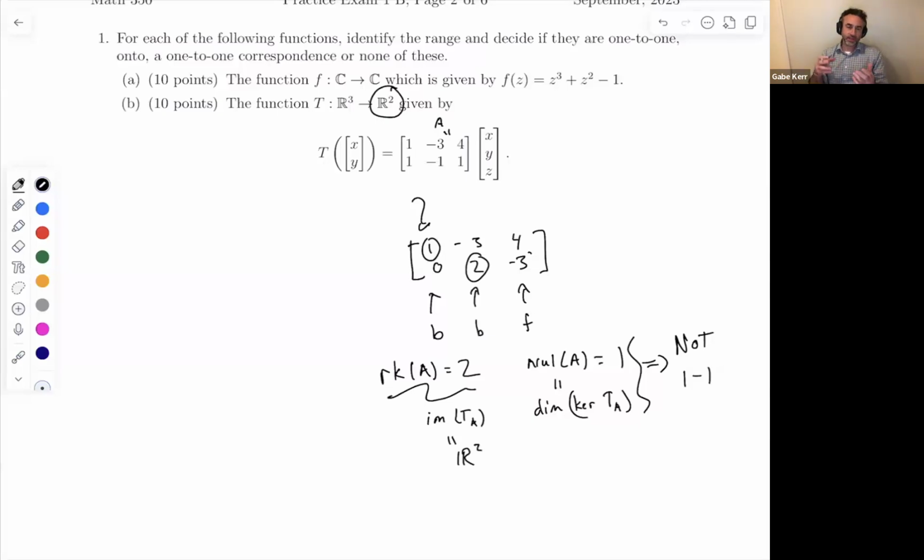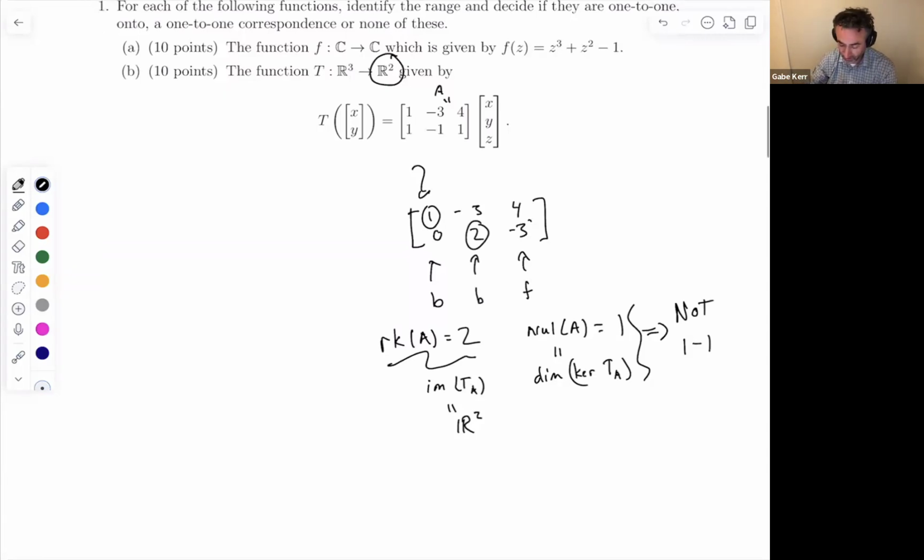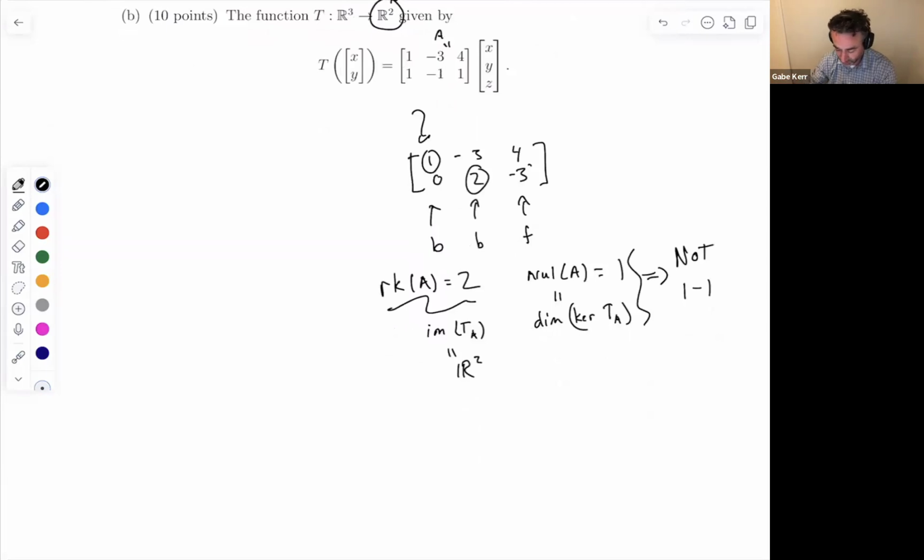There's an argument there, and I think there's a lemma in the book that says a subspace of a space is proper if and only if the dimension is strictly smaller. So if you're in R3 and you have a 3-dimensional subspace, it's everything. You can't have it be smaller, because then you could get a bigger basis. So this is saying that in fact this is onto. The image is equal to the codomain. I mean, the image and the range are the same thing. So this is onto.